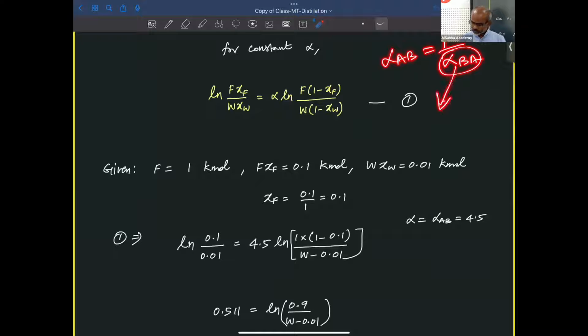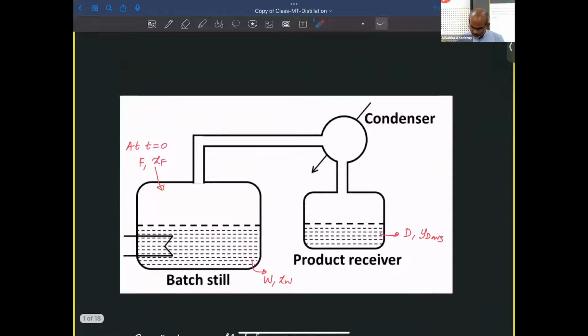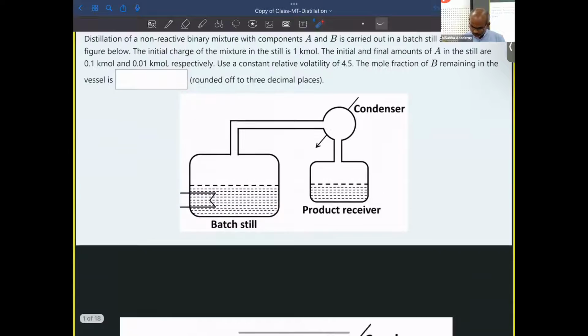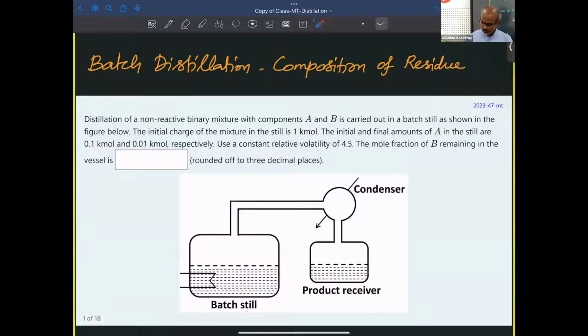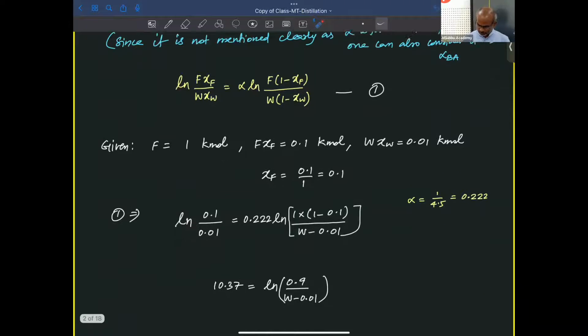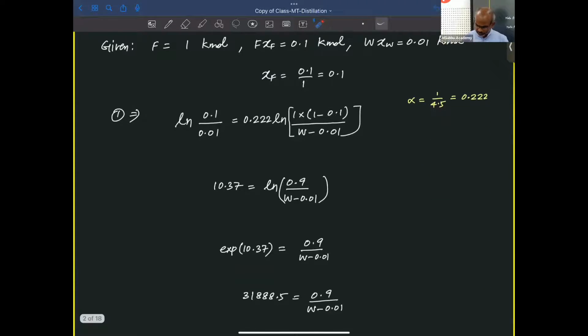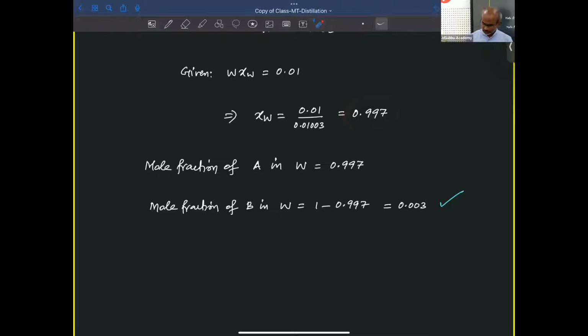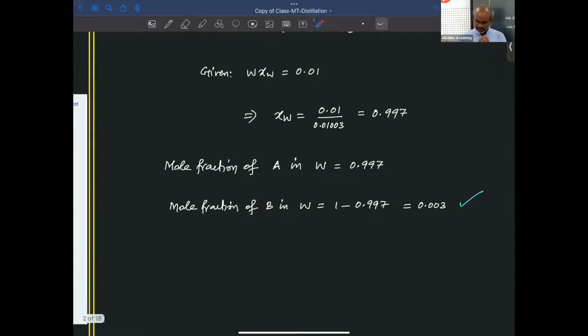If you consider this given alpha as that of B by A, then you will be coming up with a different answer. Otherwise, if the alpha is taken as alpha BA, in that case, alpha AB will be taken as 0.22. That is 1 by 4.5. So if you have taken it that way, the answer would come as XW equal to 0.997. So the mole fraction of B will be 1 minus that, 0.003.